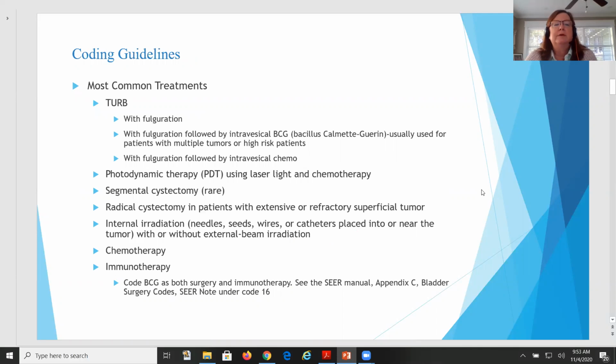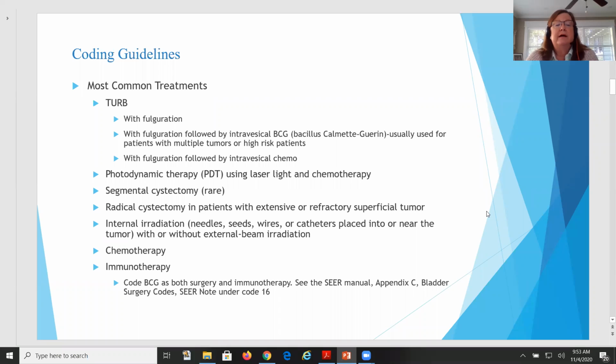Our most common treatments are TURB with fulguration, which would be your electrocautery codes if you see that fulguration is part of that, or fulguration followed by intravesical BCG, which is Bacillus Calmette-Guérin. That is an immunotherapy treatment, normally used for patients with multiple tumors or high-risk patients, or fulguration followed by intravesical chemo.